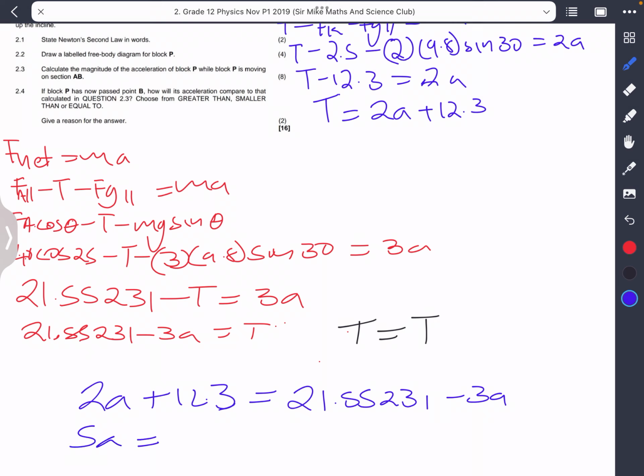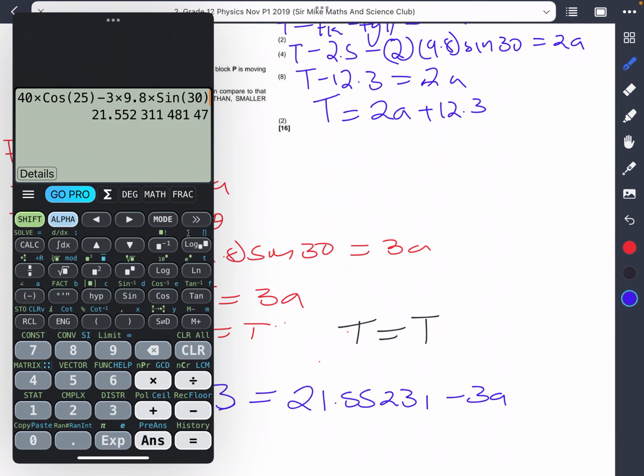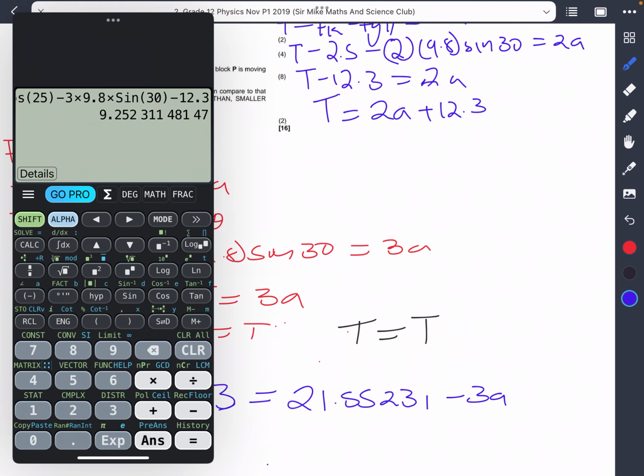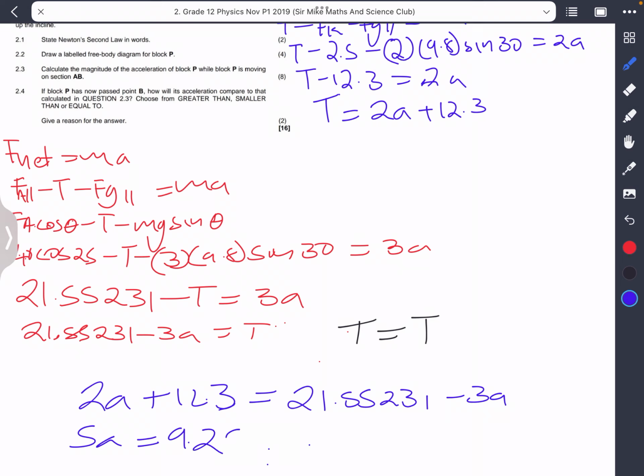being equal to 21.55231 minus 12.3. So what I have is 9.252, and of course some other decimals.